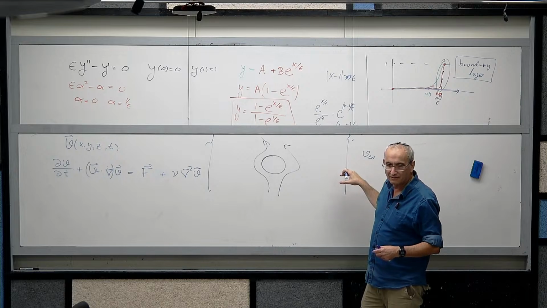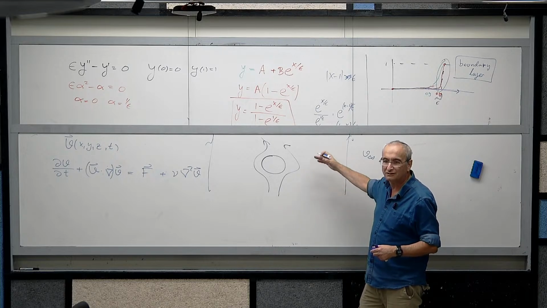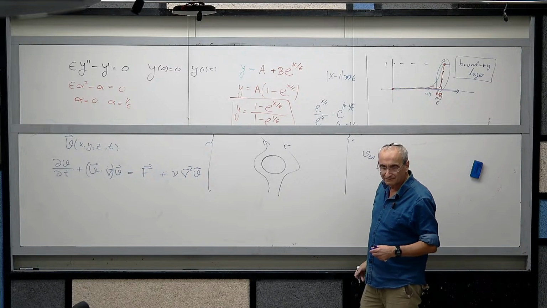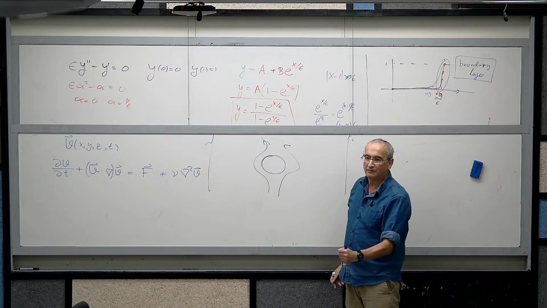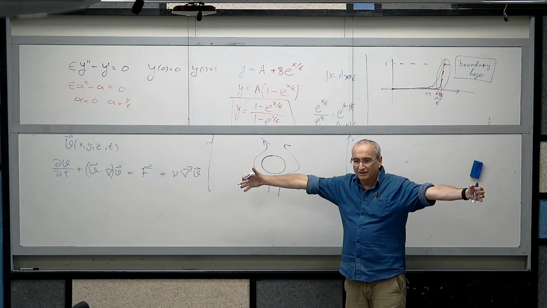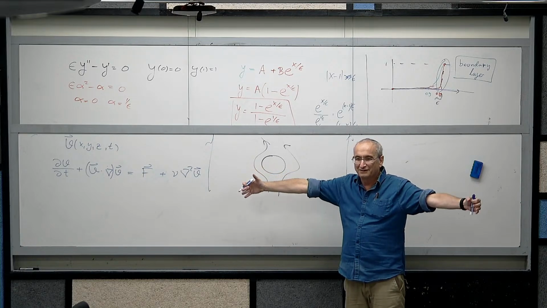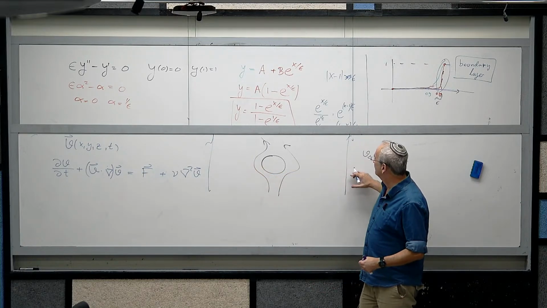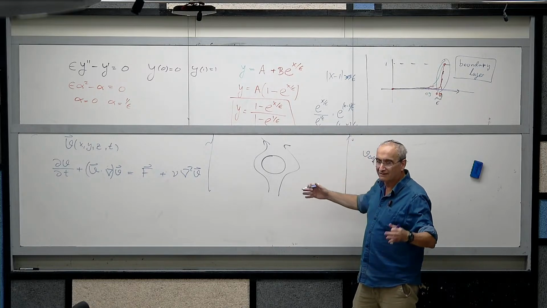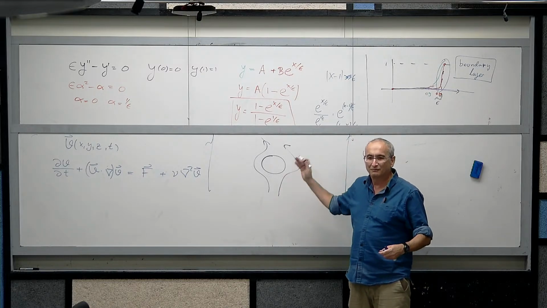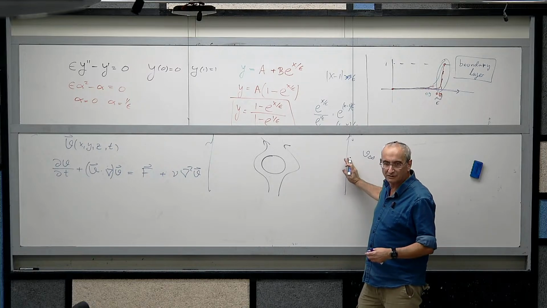That's like a river, the velocity of the fluid in the river. You have the cylinder in the middle of the river, but the river is very wide, like the Amazon River, and far away you also neglect the edges of the river.